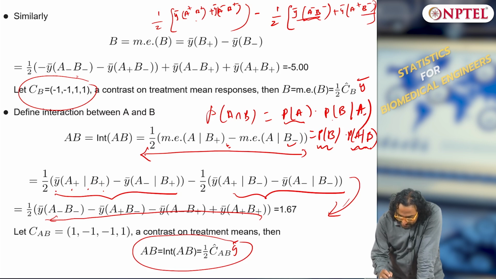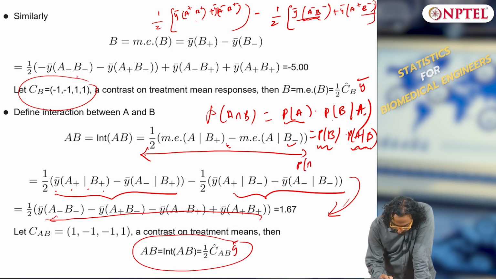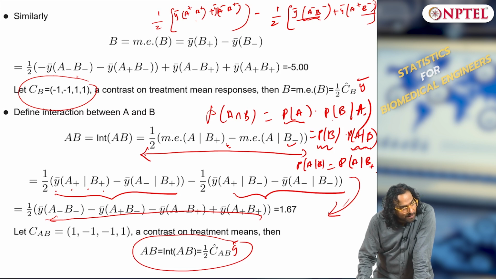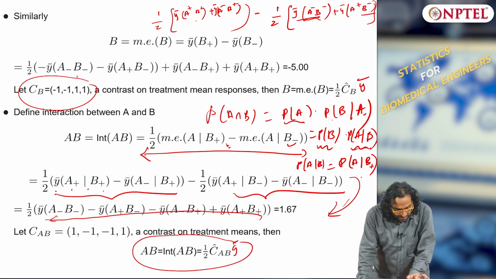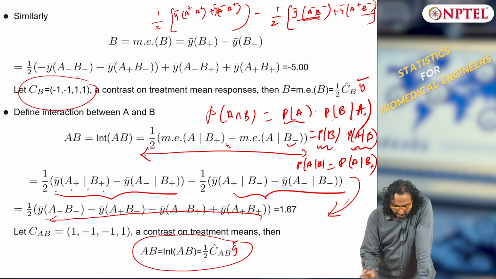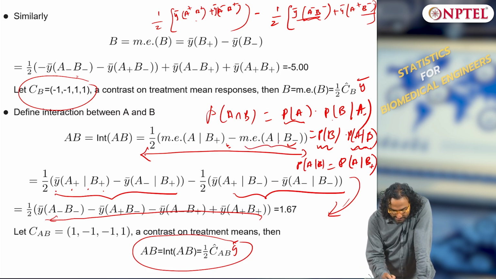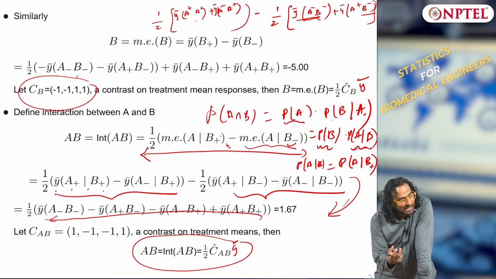Now you can write this as what A intersection B itself is. I have probability of A given B plus, right, that is one term here, that is the main effect. Then what is this and this? We are talking about the interaction between A and B at 2 different levels of B first, and then I will move on. So what is the net effect?